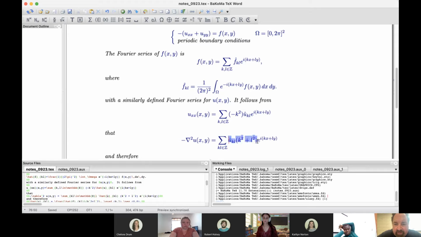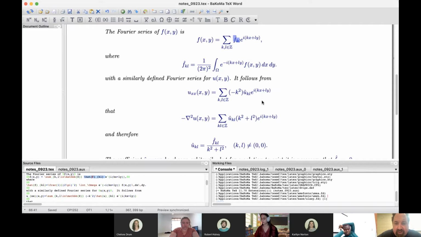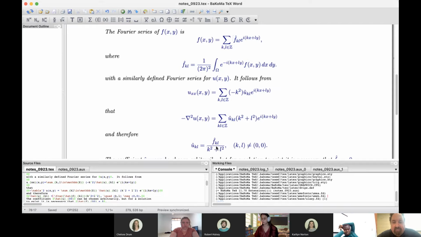So I need this to equal f hat kl. That lets me solve for the Fourier coefficients of u in terms of the Fourier coefficients of f. I'm just dividing by k squared plus l squared, as long as, of course, k and l are not both equal to 0.